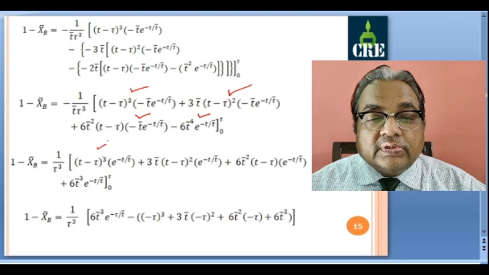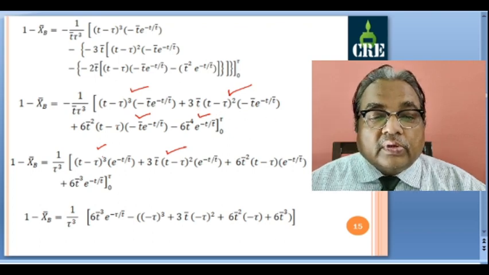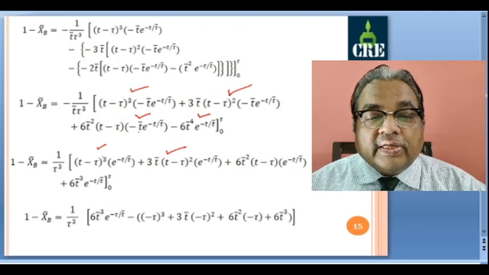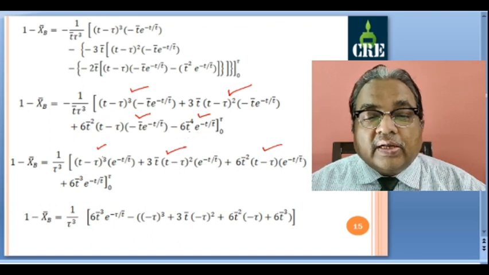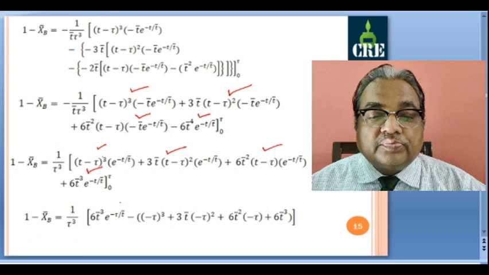So my first term is this. If I divide minus t bar by minus t bar, this also becomes 1. So that goes, and I am left with 3 t bar (t minus tau) square into this term. If I look at this term again, here minus t bar, that goes, so I get the remaining terms, and here minus t bar, so if I divide by minus t bar, this becomes cube, and minus minus I get plus sign here, so plus 6 t bar cube e raised to minus t by tau.